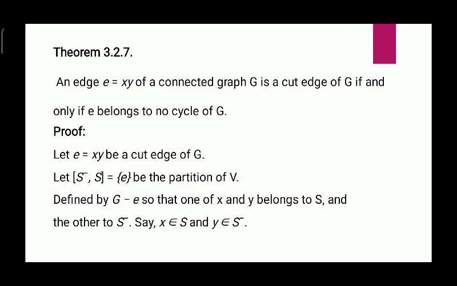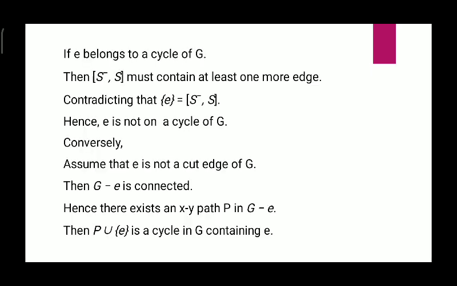Define the sets S dash and S, the collection of all edges, which is a partition of the vertex set of G, such that in G minus E one of X and Y belongs to S and the other to S dash. Say X belongs to S and Y belongs to S dash.